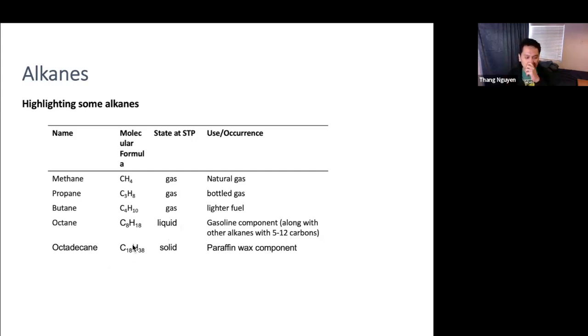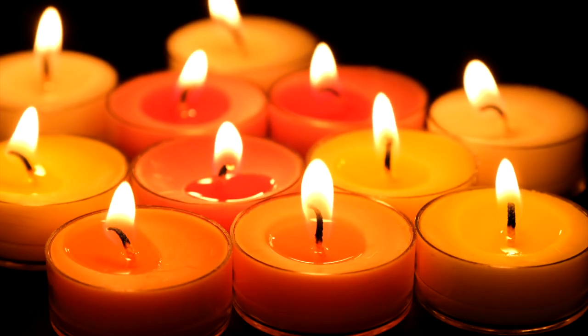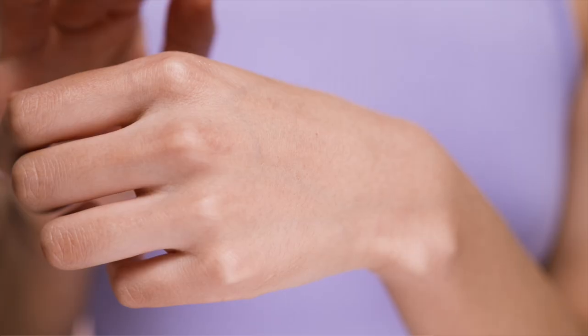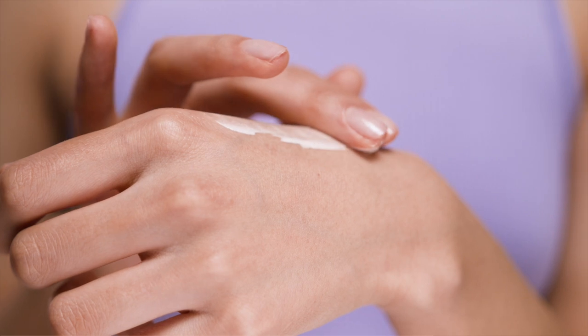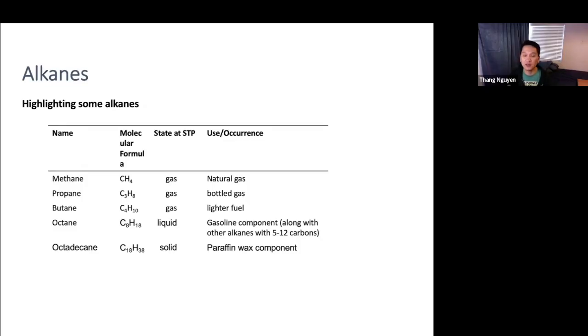And then if you move even further down the list, for example, when you have 18 carbons, you are now wax, very waxy. You are a solid. Okay, so other high carbons would be things that exist in petroleum jelly, right? All your lotions and stuff will have really high carbon chains.